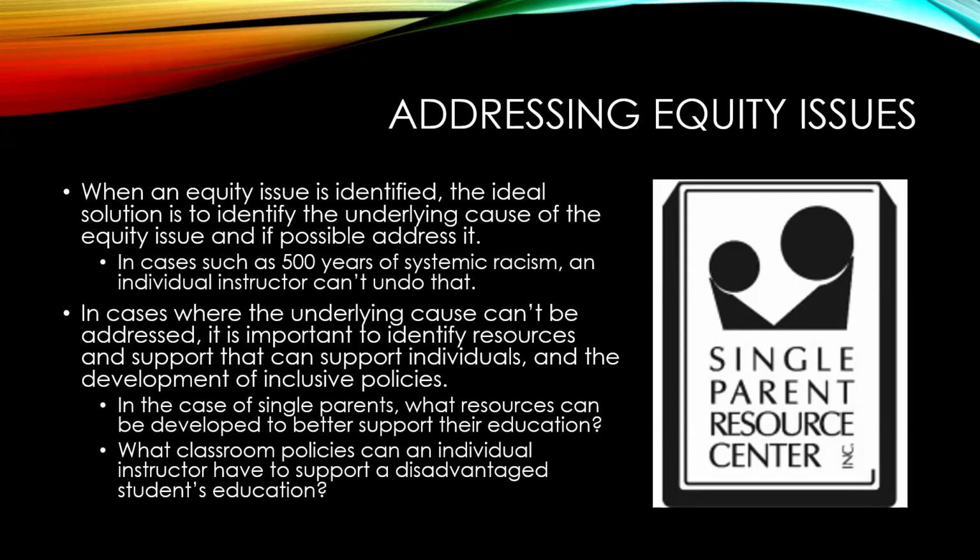In the case of single parents, what resources can be developed to better support their education? What classroom policies can individual instructors have to support a disadvantaged student's education? These are the types of questions we want to try and answer. You might not realize it, but we just went from trying to identify a question all of the way through getting our conclusions. We went through the entire data-driven decision-making process.